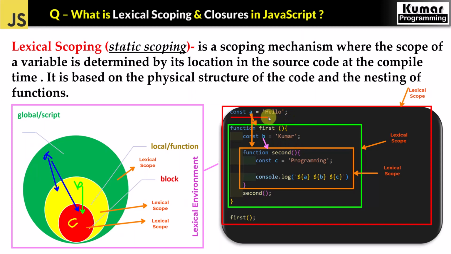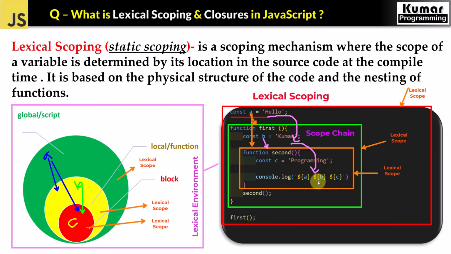So the variable scope only flows from top to bottom, from parent to child. That is known as the scope chain, and these scopes are known as lexical scopes. These variable scopes are determined on the basis of their position, where exactly they are declared, and that mechanism is known as lexical scoping.